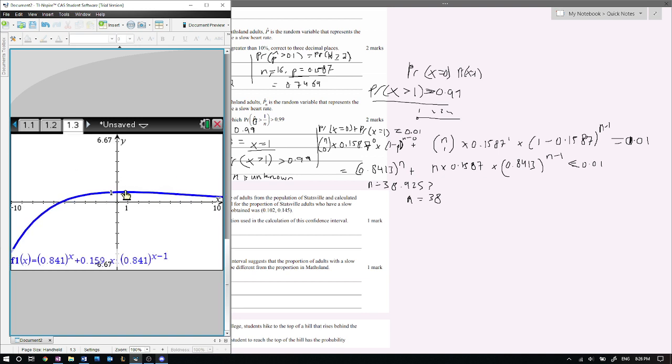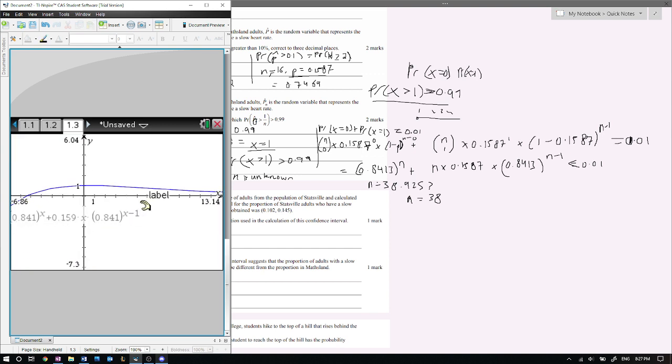Okay, and then here I'm trying to find the point where it's less than 0.01. So I need to trace this real quick. Just moving along, looking at the y value, trying to find the first bit where it's less than 0.01 and it's an integer.